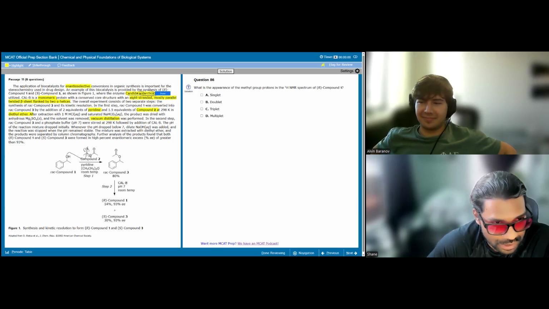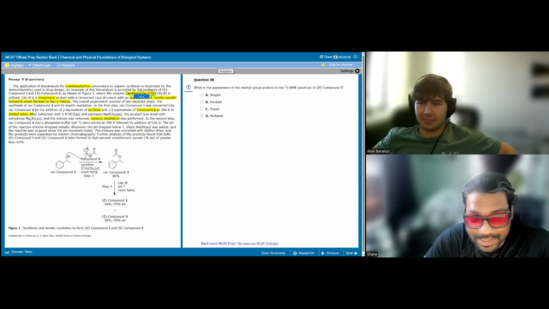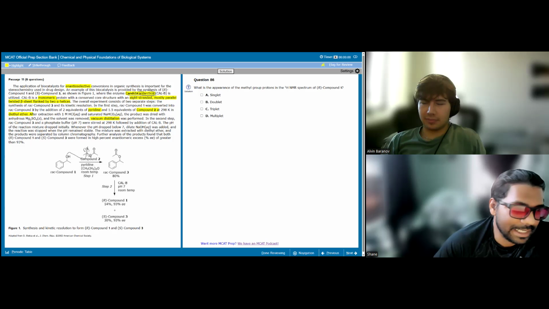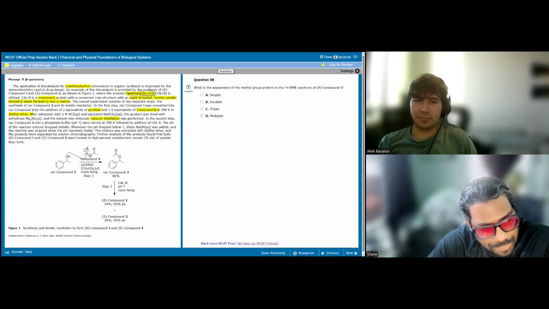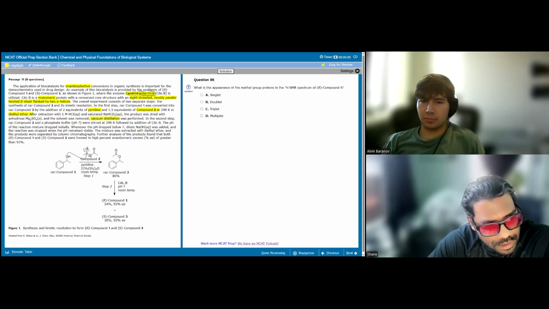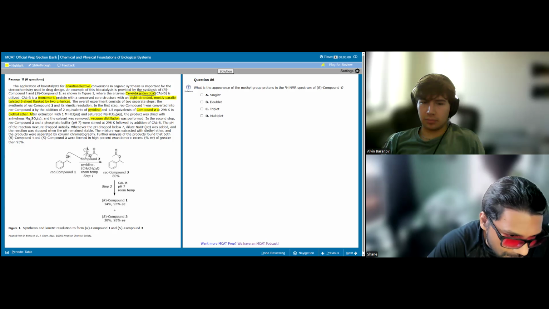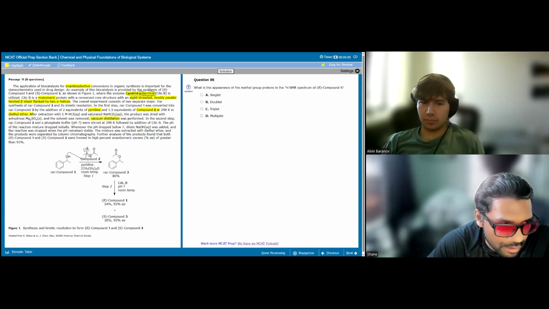I wonder why it's called that, but I'm pretty sure Candida is like thrush or something, an STD type of thing. What did it do again? It converts. Okay, whatever.